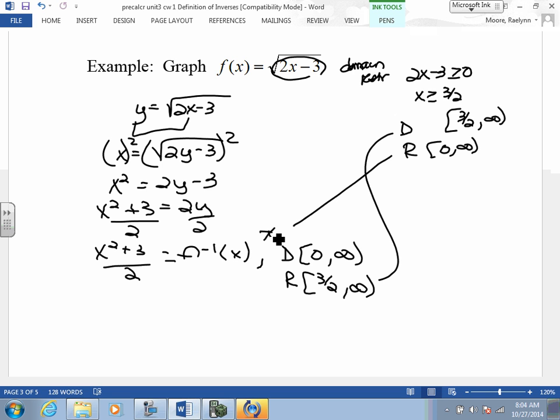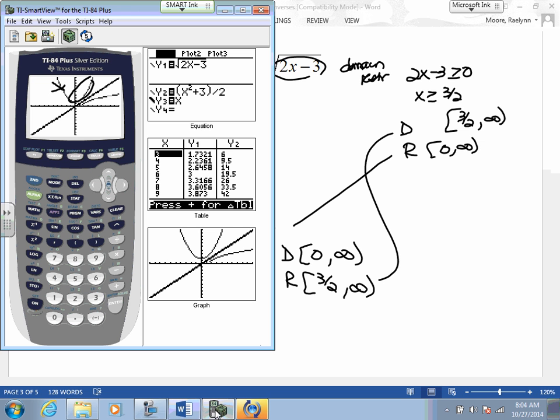Now your calculator has a nice little way to draw an inverse. And I gave you the steps. Your calculator actually draws you a true inverse. So if we follow your calculator, do you see on the bottom of the last page there? Draw your inverse on your calculator.